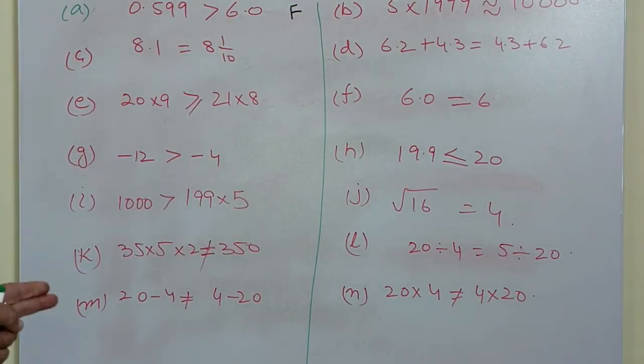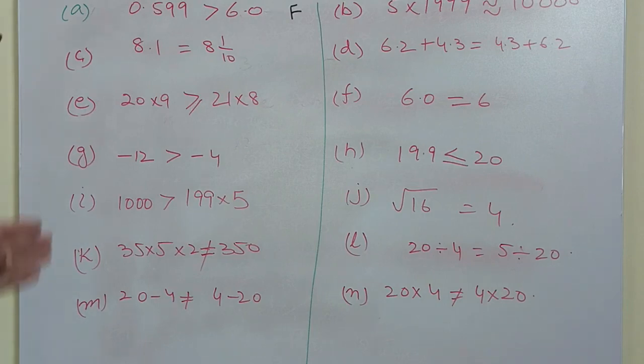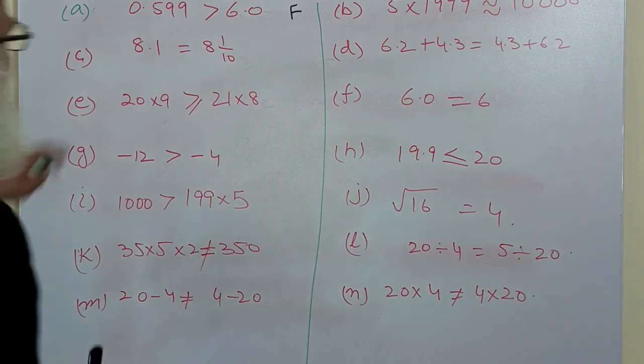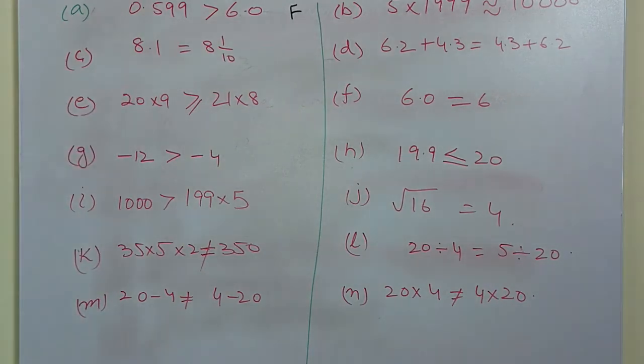Some of the parts are workable. We have to do some working on them, and some parts are so easy that you can just write its answer, it is either false or true. Now this one here is 8.1 is equal to 8 and 1/10th.